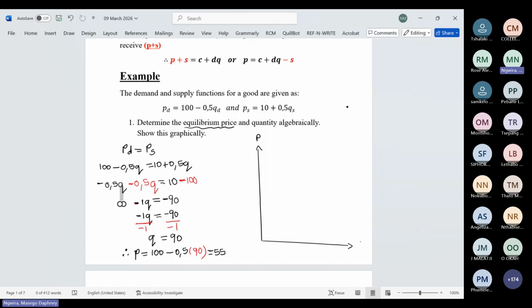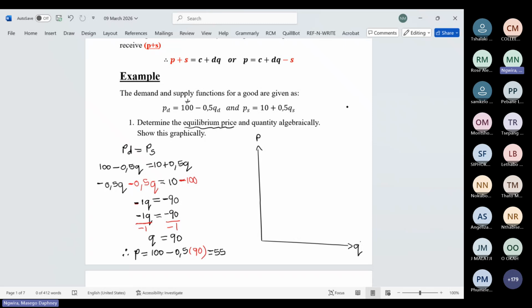So this is Q. And then remember we said that when you have a function like this, this is where your graph starts. That's your starting point. So my graph for demand is going to start at 100. And then because it's a minus, the slope is going down. It's a negative, so it goes down.